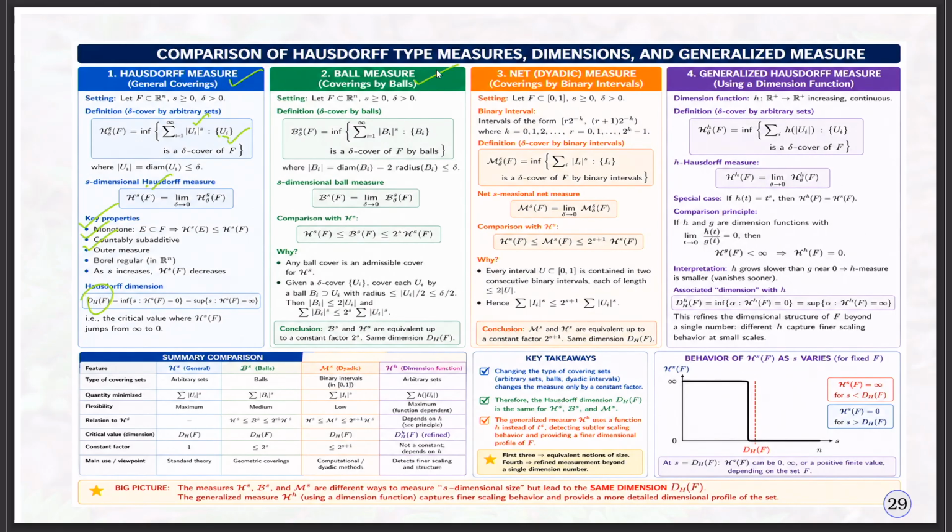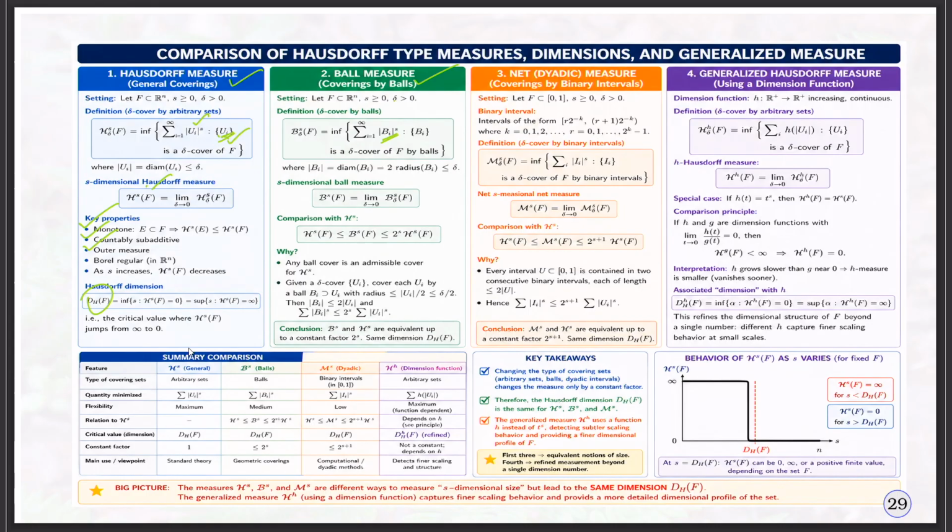Now covering by balls, we can take s greater than or equal to 0 and delta greater than 0. Then B^s of f is defined like this. Instead of general arbitrary sets, we are using spherical balls. Here the spherical ball has diameter 2 times the radius of B_i.